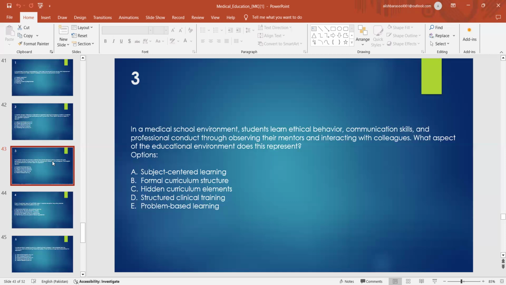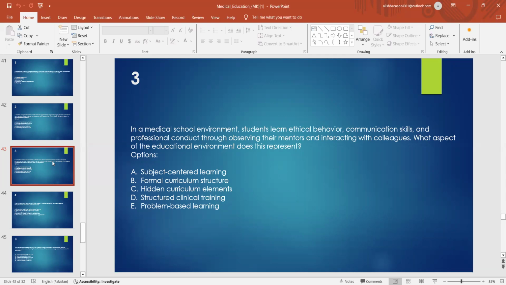In structured clinical training, all the things are present. Ethical behavior, communication skills, professional conduct, observing the mentors, everything is present. And it can be the part of formal curriculum too. Okay, madam, I'll correct this one also.